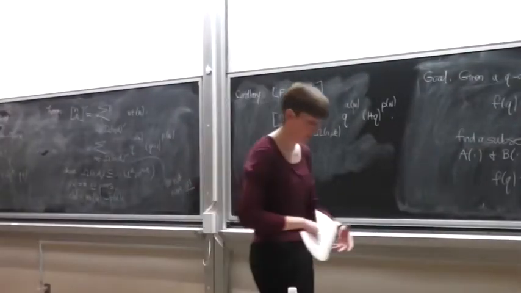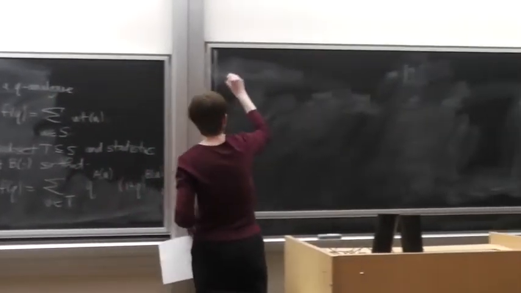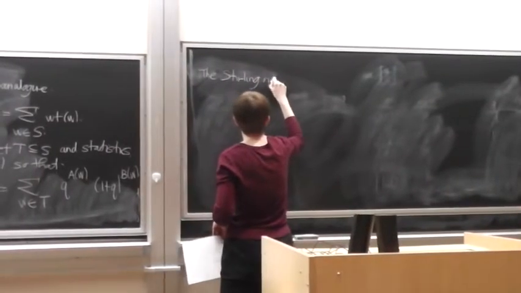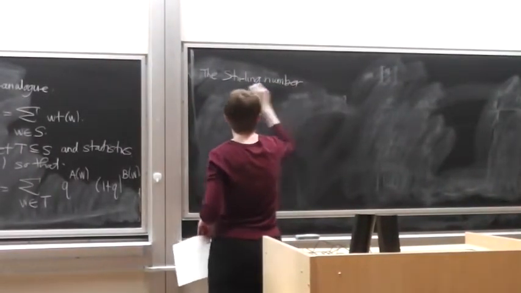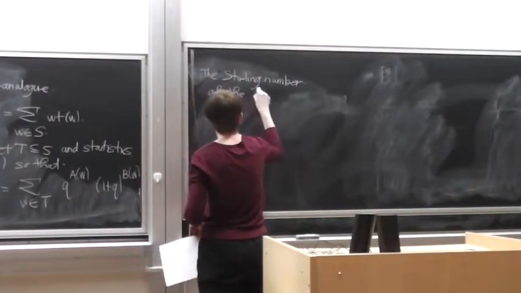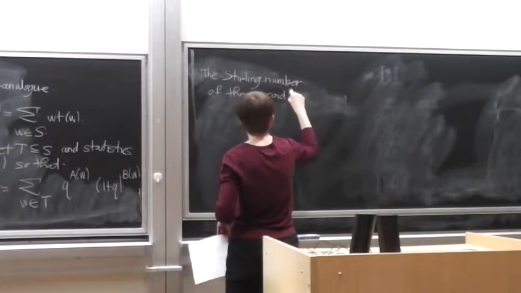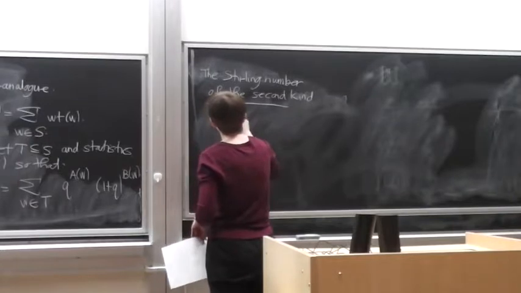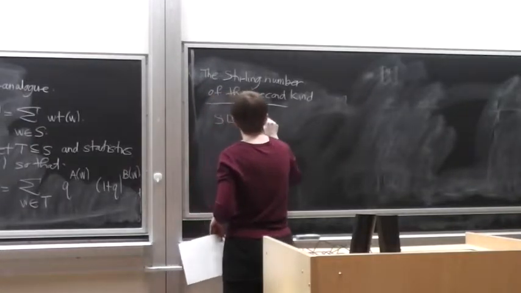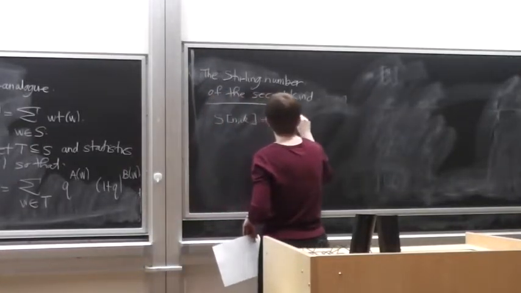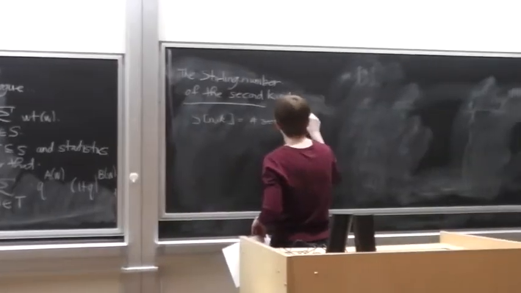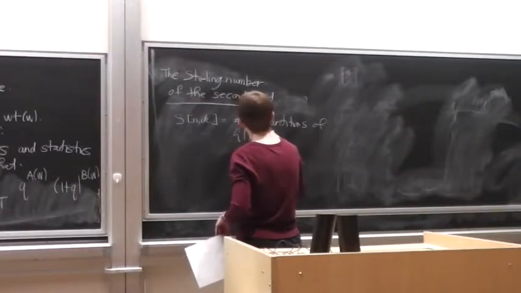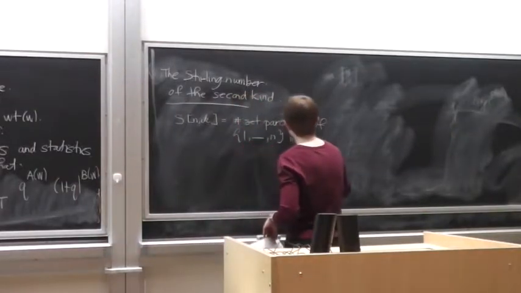Okay, so let's start with Stirling numbers of the second kind. This is the usual counting, S(n,k). This counts the number of set partitions of the elements 1 through n into k blocks.